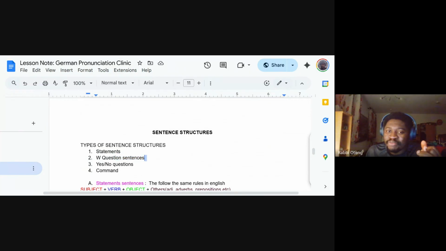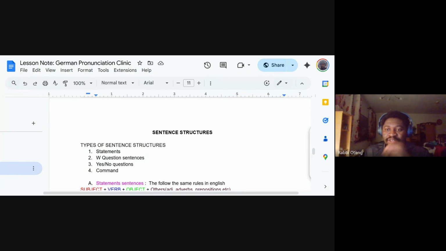Right after the W word, your verb must come. It's fixed at the second position. You can't start with adverbs in W questions, the W word is always fixed at the first position of the sentence.